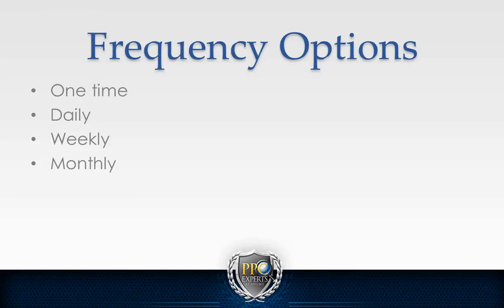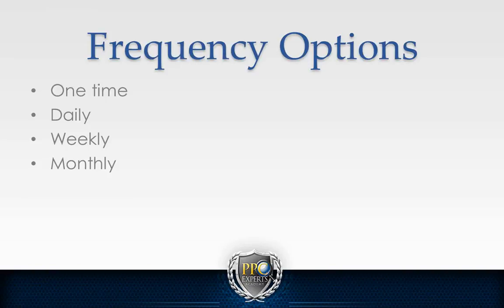So when you're setting up the automated rules, you have a couple different options for the frequency that this rule will run. And one of the ones that I like the best is the one-time rule. So when the rule just runs one time, and we'll talk more about this later.